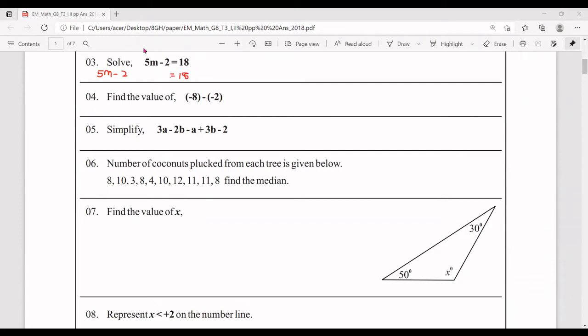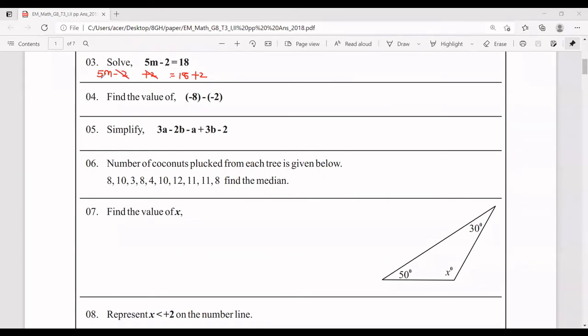Now, what are we going to add? We are going to add 2. So, put plus 2 to both sides, both left and right. Now, you can cancel out this plus 2 with minus 2.